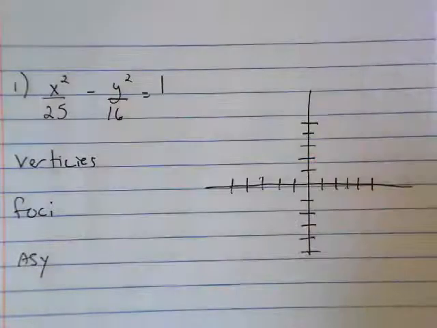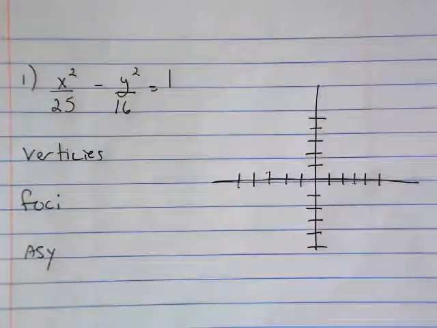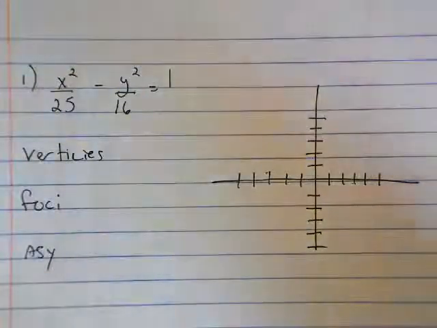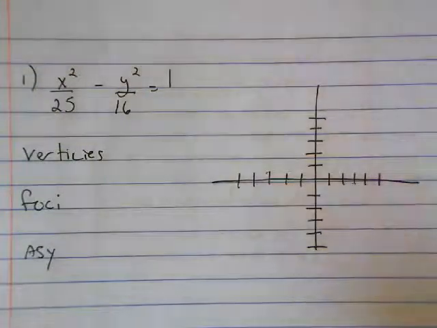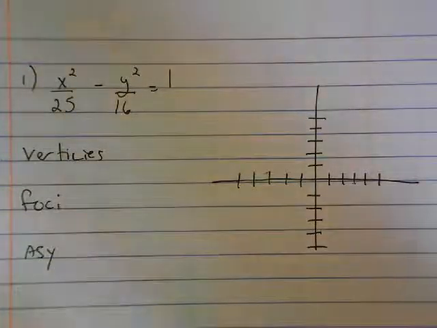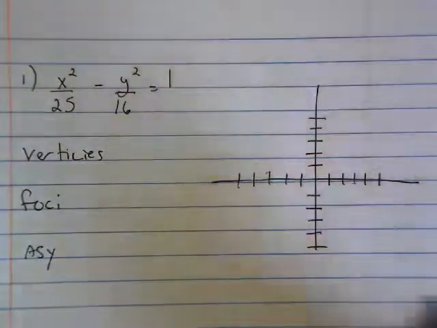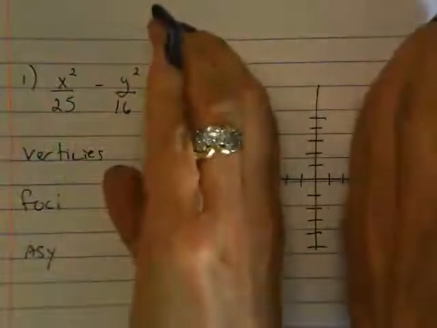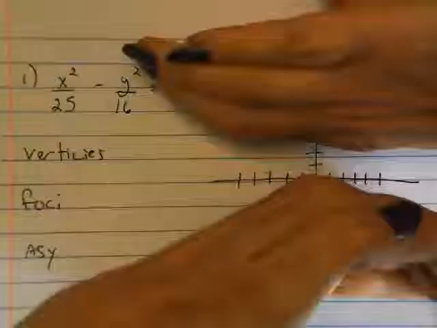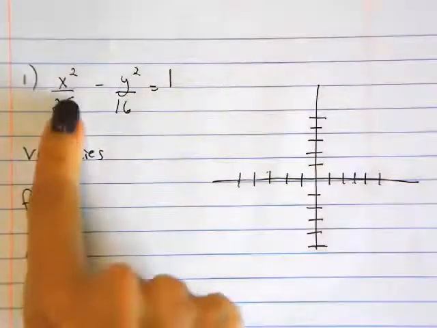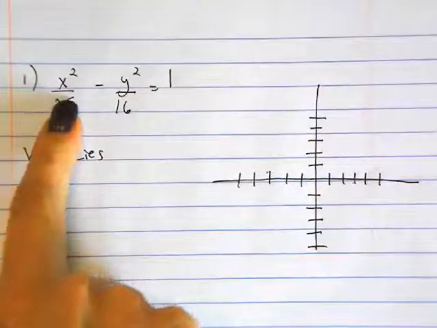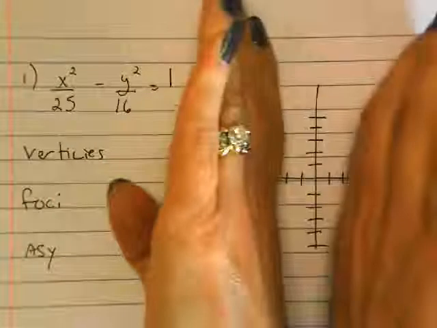We're going to want to put this on graph paper, but for right now, since we're taking notes, I'm just going to go ahead and graph it in the notes. The first thing we have to do is figure out, does this hyperbola open like this, or does this hyperbola open like that? Since x squared leads, we know that it's going to open like this.